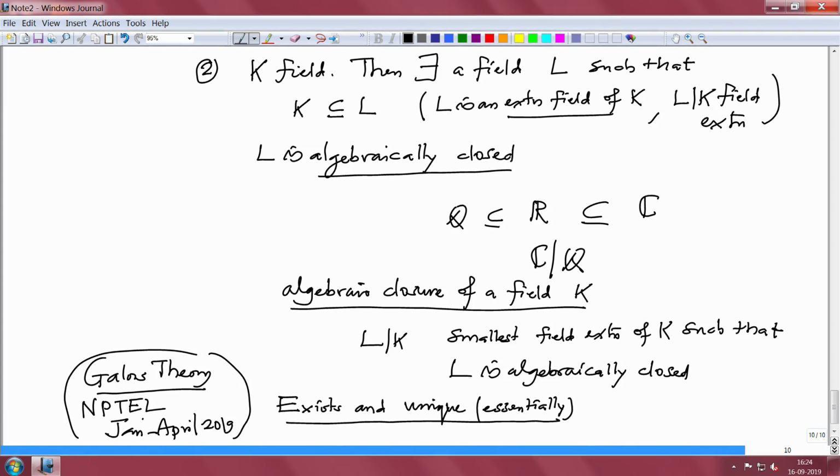All right. So, the second remedy is you consider a pair: not only K, but fix a bigger field L. The bigger field is algebraically closed, and with this we can now make nice definitions and then we will play with those sometime.